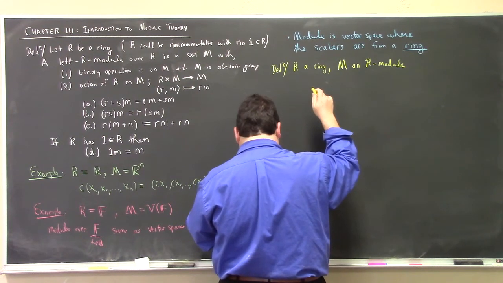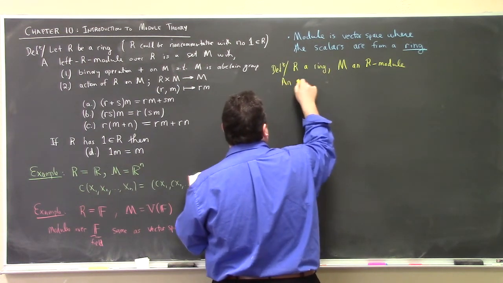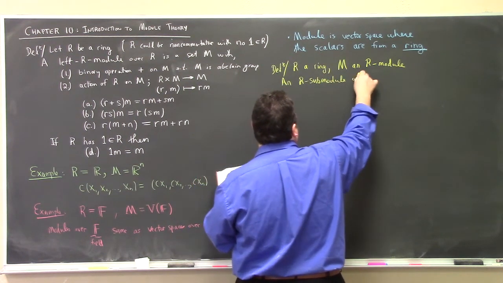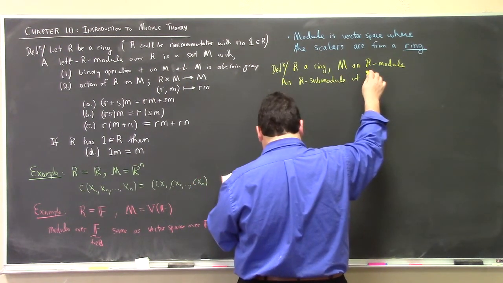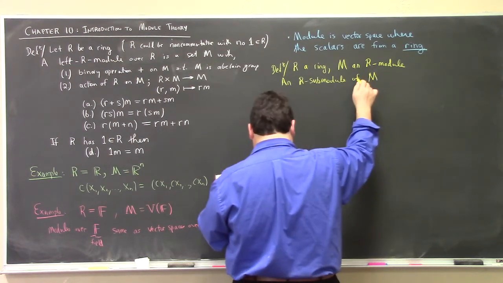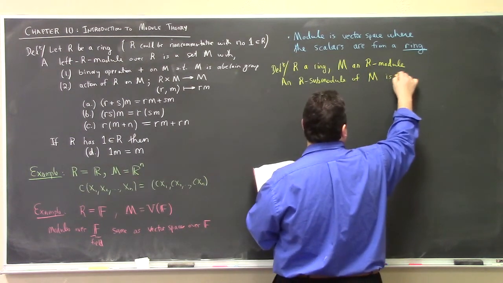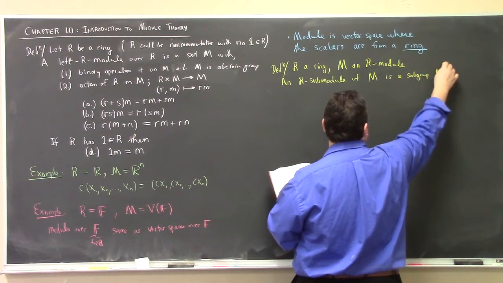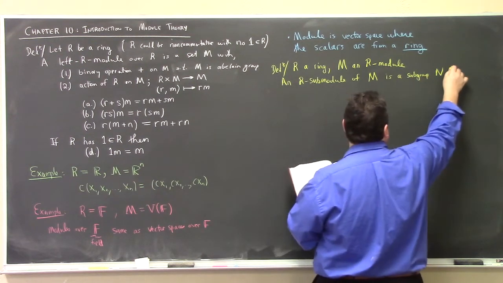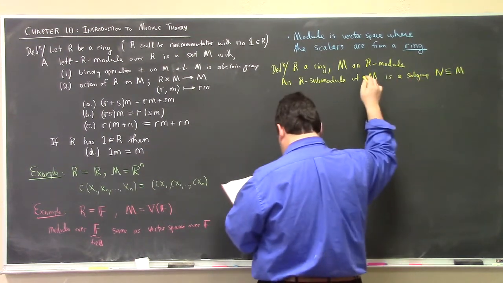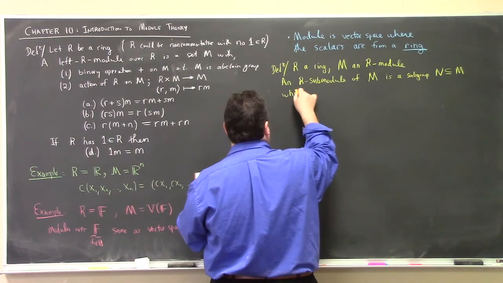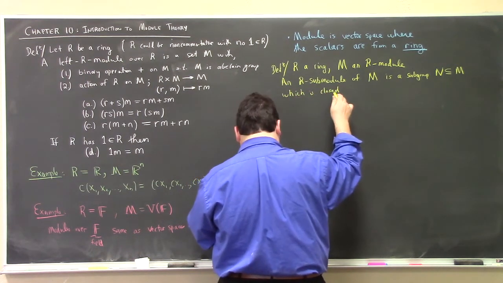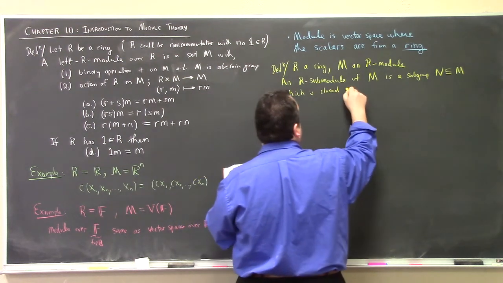An R submodule of M is a subgroup N of M which is closed under the action of ring elements.